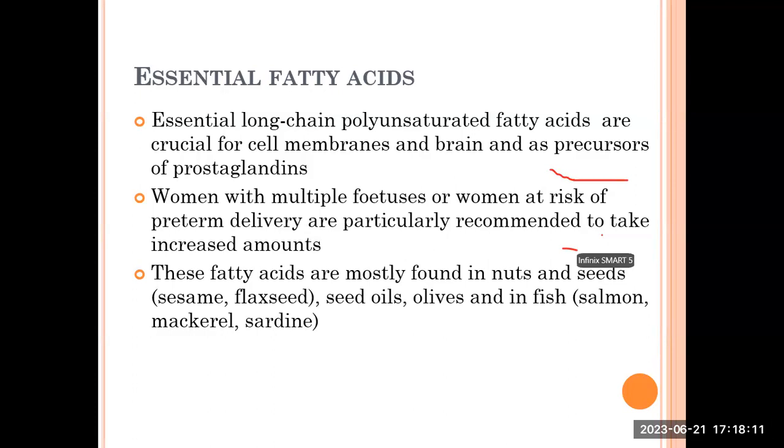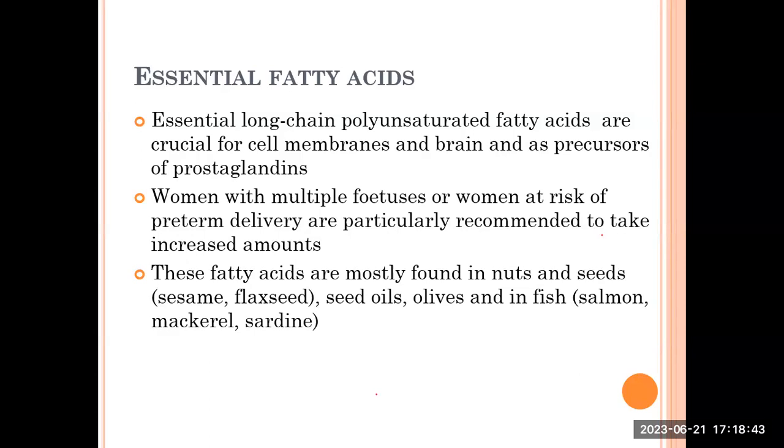But within the omega-3 fatty acids, there are also those that can be obtained from certain foods that we take normally, certain oils, some seeds, sesame seed, flax seed, and seed oils in general, olives and fish, like I already said, olive oil. Now, olive oil is also good because it contains monounsaturated fatty acids.